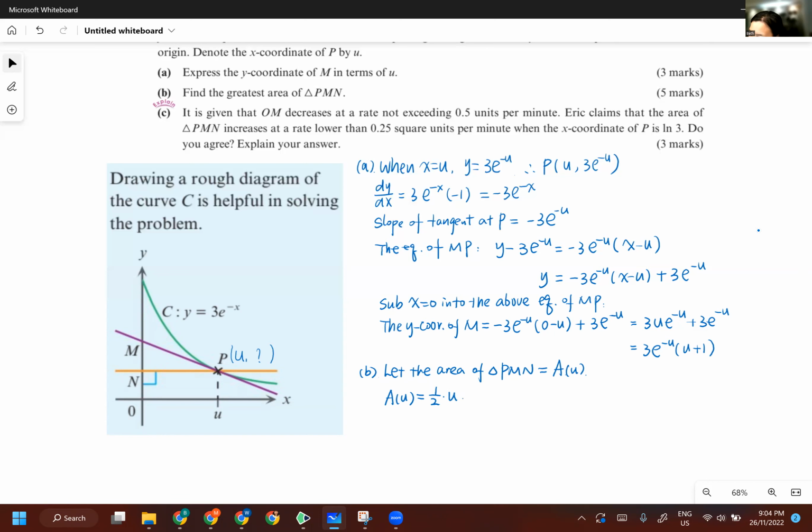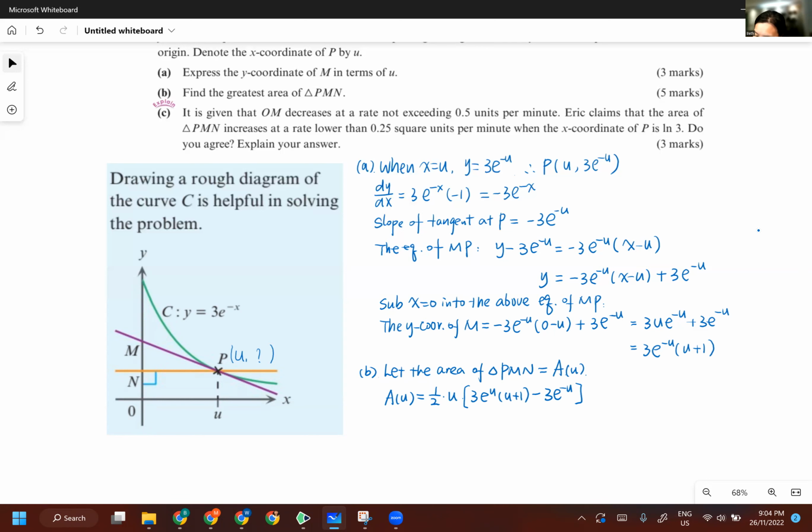MN equals this result, 3e^(-u)(u plus 1), minus the y-coordinate of N, which is 3e^(-u).